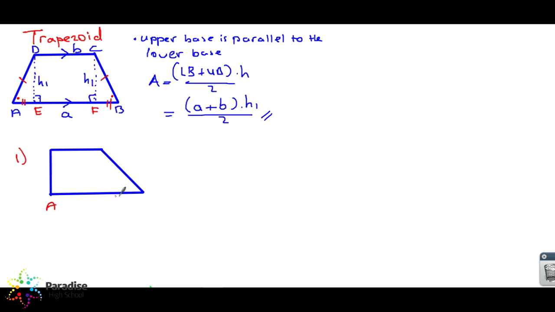Let's say this is A, that is B, C, and D. It is given that these are 90 degrees, so this is a right angle trapezium. This is 7 centimeters, that is 10 centimeters, and this is 13 centimeters. The question is, find the perimeter and the area of the trapezium.